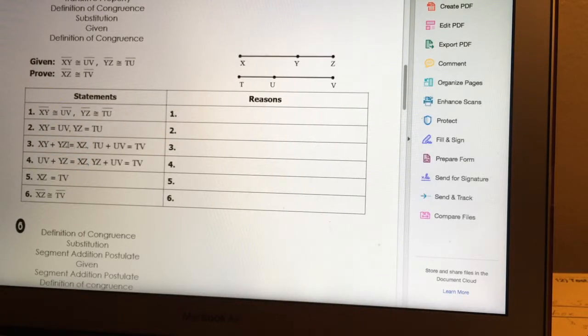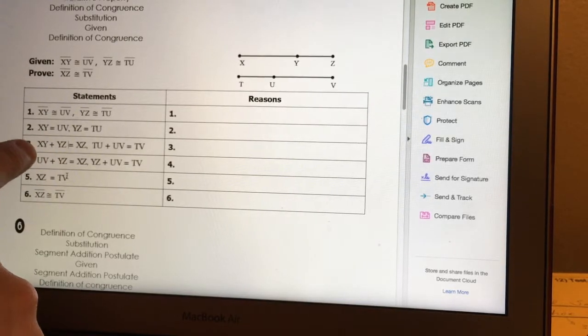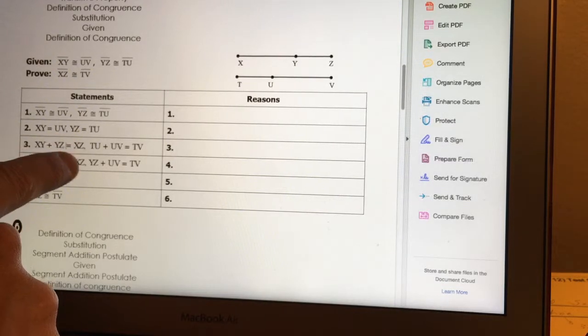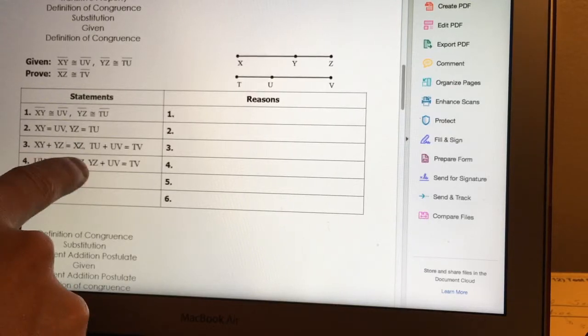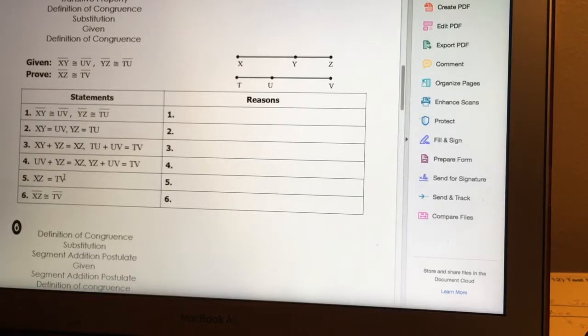On the left side of the equation, we still have a YZ and a YZ, but XY transformed into UV. Then on the right side of the equation, XZ stayed XZ. So the only thing in this first equation that changed as we went to the second equation was XY became UV. Well, let's think about what could possibly allow that to happen.